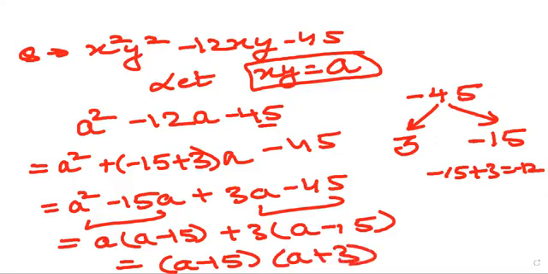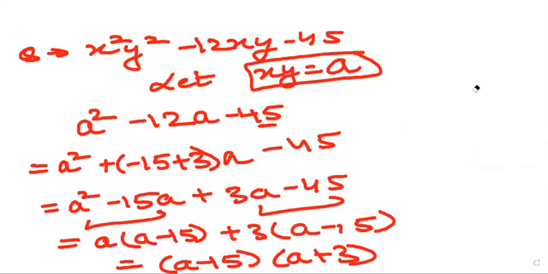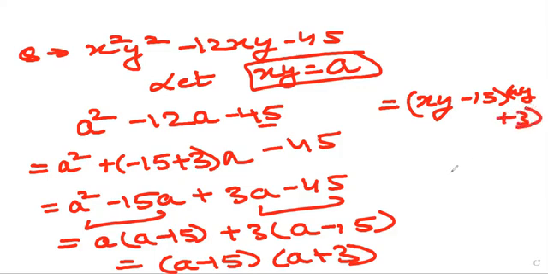Okay, so children, your sum is over. But still one thing is left. You remember, because we have substituted a as something. So in the final answer, you have to put again a as xy. So xy minus 15 multiplied by xy plus 3. Okay, so this is your final answer.